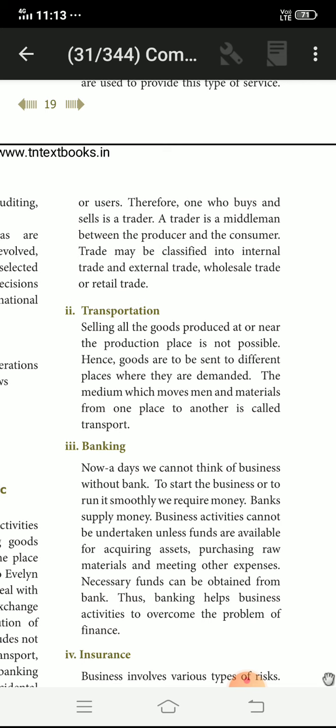So this is the link between the producer and the consumer. The wholesalers are middlemen and the retailers are also middlemen. They are the link between the producer and the consumer.